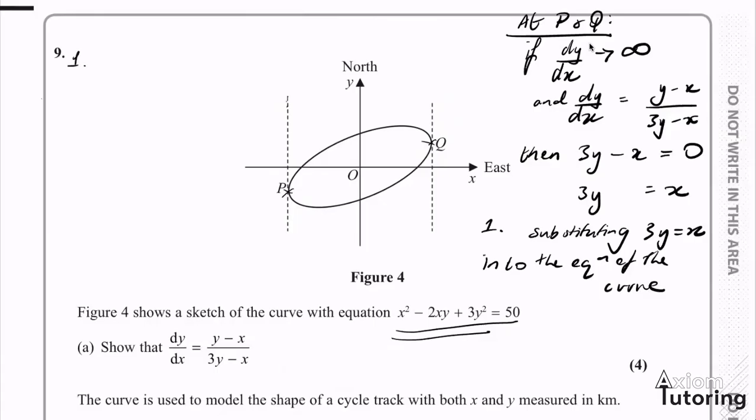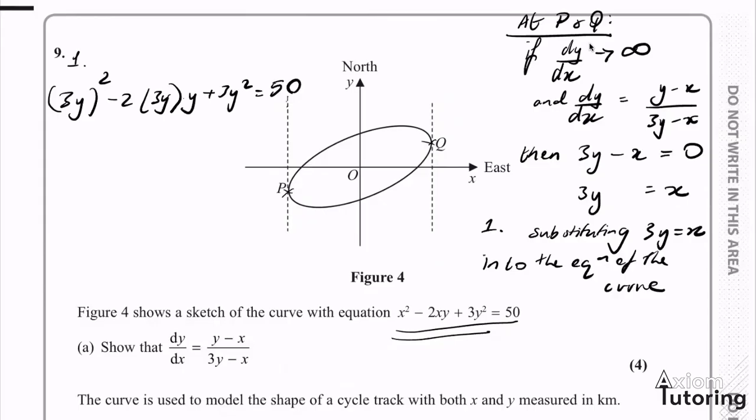And I'll continue it here. So instead of writing x squared for the first term, I'll write 3y all squared minus 2xy. So we're rewriting x actually. Let's keep it all consistent. So x is 3y. So I'll substitute in 3y times y plus 3y squared equals 50.